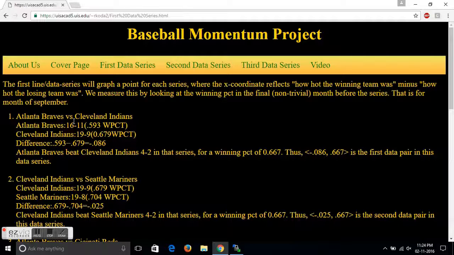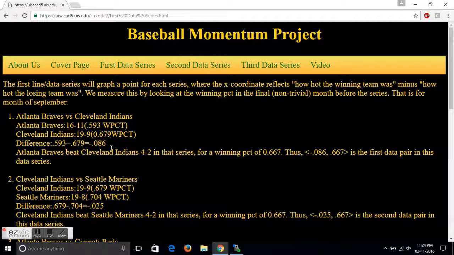So, consider a match which is played between Atlanta Braves and Cleveland Indians. Here, Atlanta Braves was the winning team and Cleveland Indians was the losing one. So, we differentiate the Atlanta Braves winning PCT for the month of September and the Cleveland Indians winning PCT for the same month.